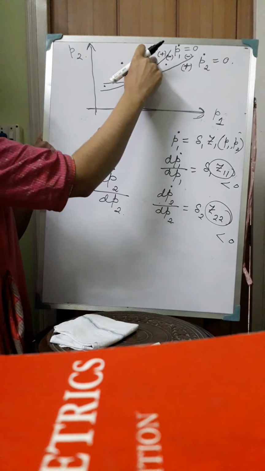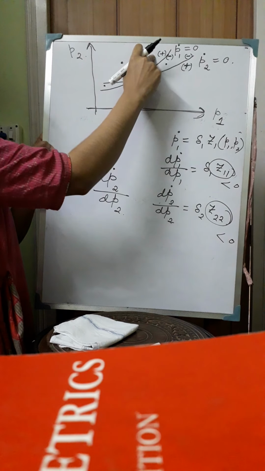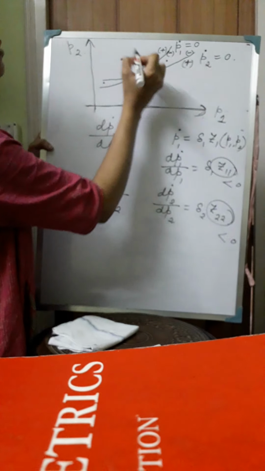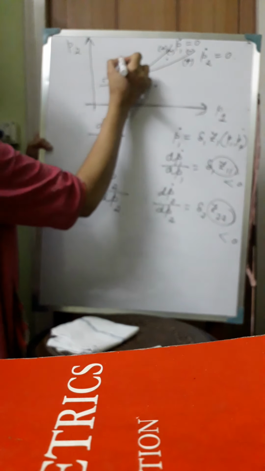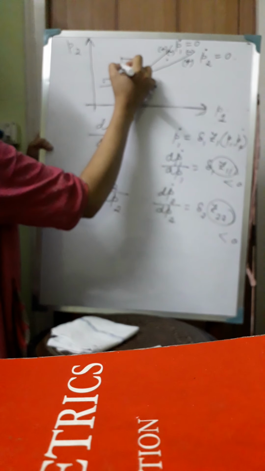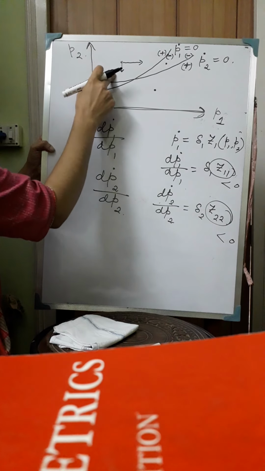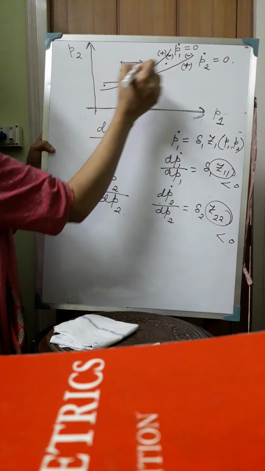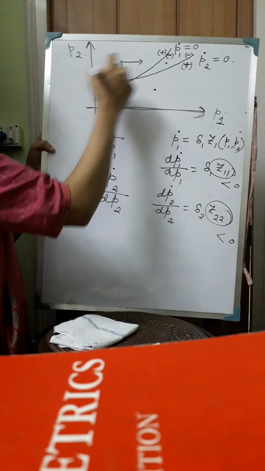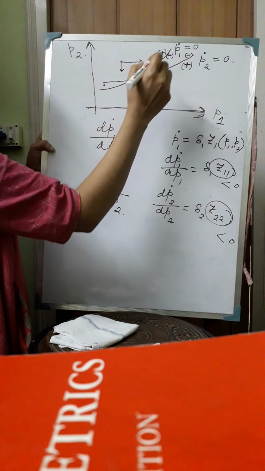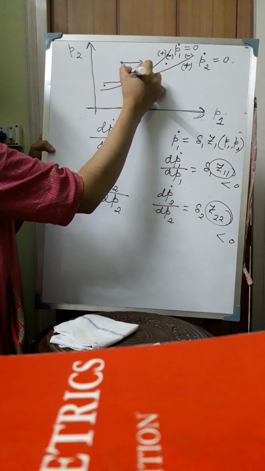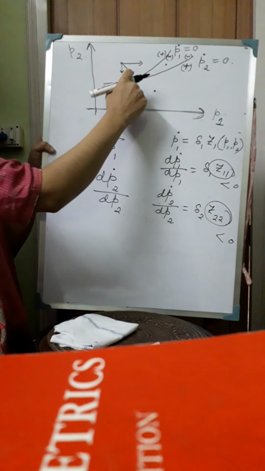P1 dot will change its sign from positive to 0 as we go from left to right, and from this point P2 dot will fall, changing its sign from negative to 0, and we will be proceeding towards the P2 dot equal to 0 curve. So the resultant path will tend towards the intertemporal equilibrium.